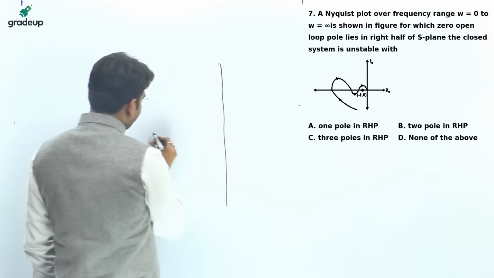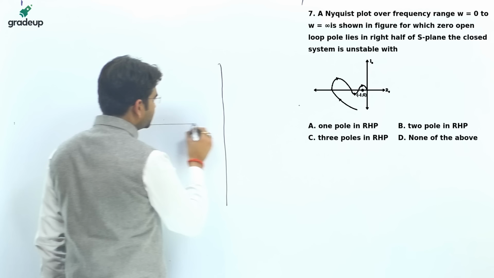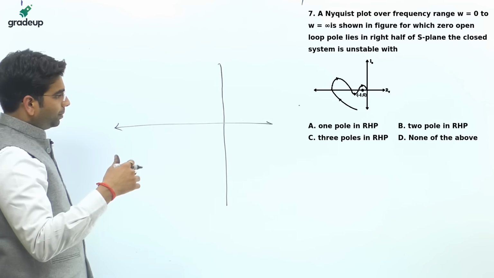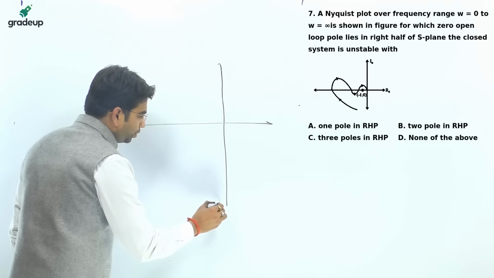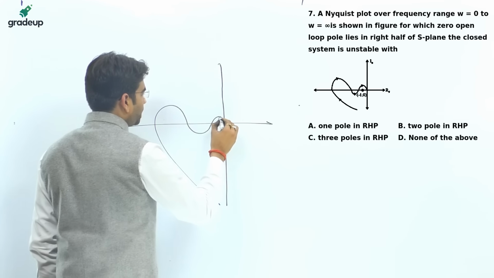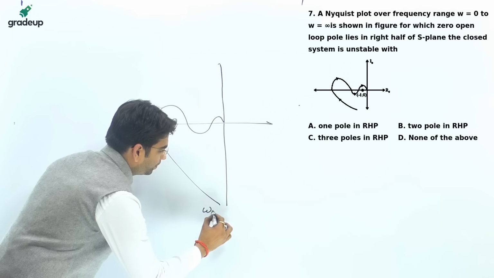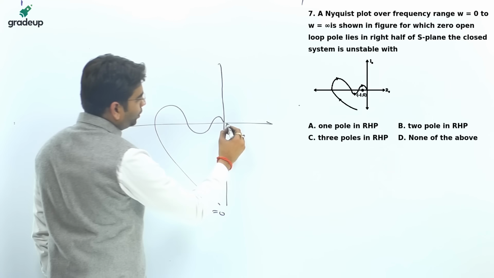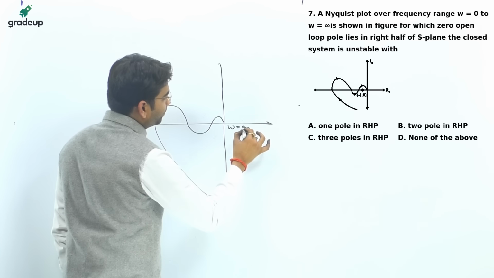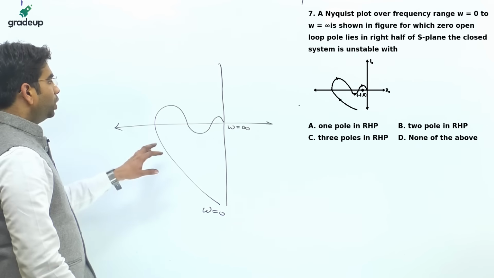So the equation which is of Nyquist, I'm going to make you think why it is so. Suppose it is a Nyquist plot which was given, omega equals 0 to omega equals infinity, for a polar plot.